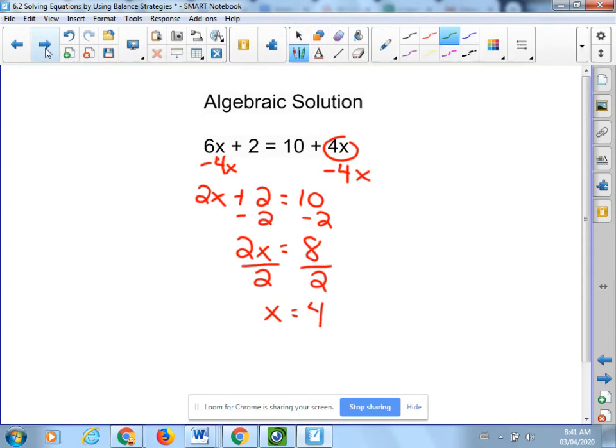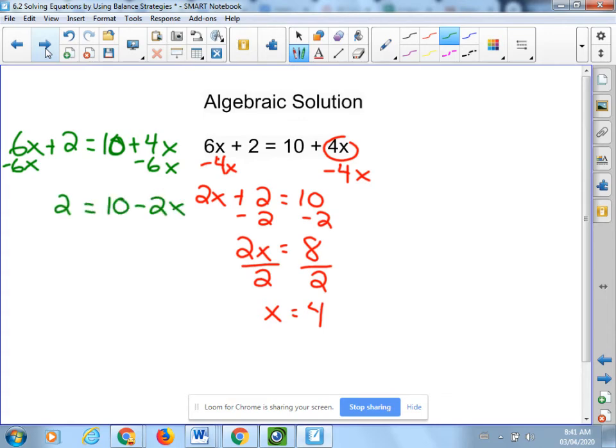Now, if I show you what I mean, you can do it in both directions and still get the same answer. Instead of moving the 4x, I could have subtracted 6x from both sides. That would have given me 2 is equal to 10 minus 2x. Then I would have had to subtract 10 from both sides.